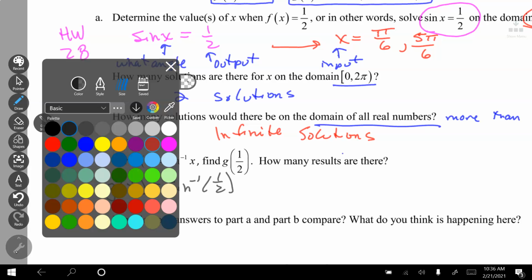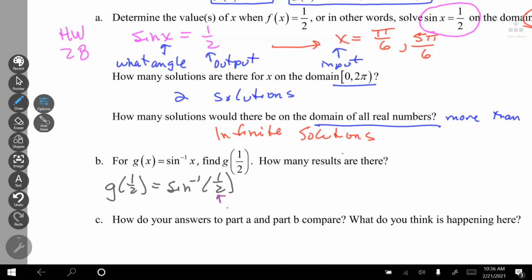Not because I switched things around, this half is still input, and I can only get one result for a function. So inverse sine of a half can only have one result to be a function.